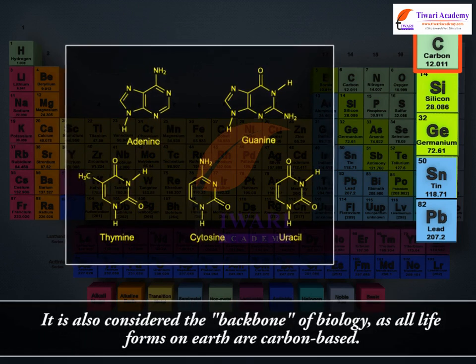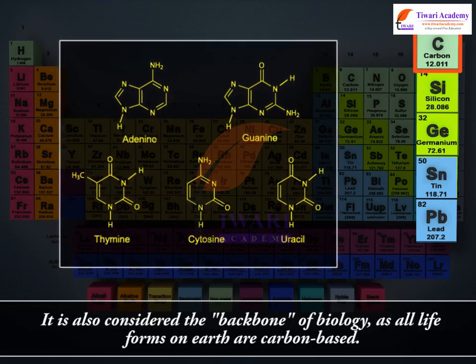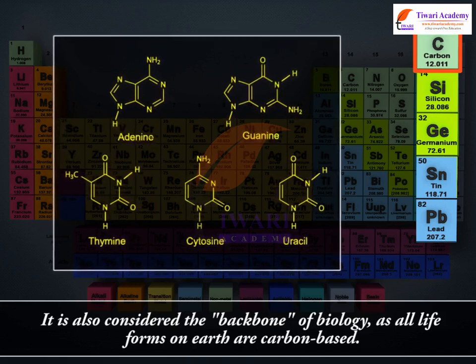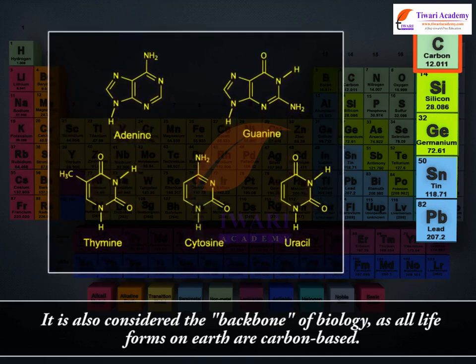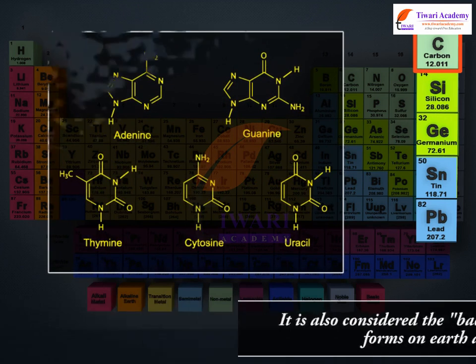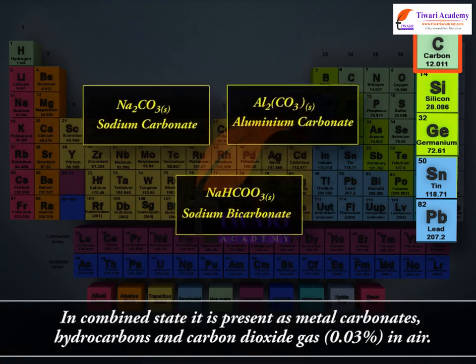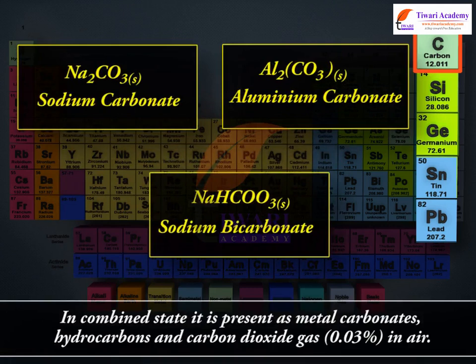It is also considered the backbone of biology, as all life forms on Earth are carbon-based. In combined state, it is present as metal carbonates, hydrocarbons, and carbon dioxide gas, 0.03% in air.